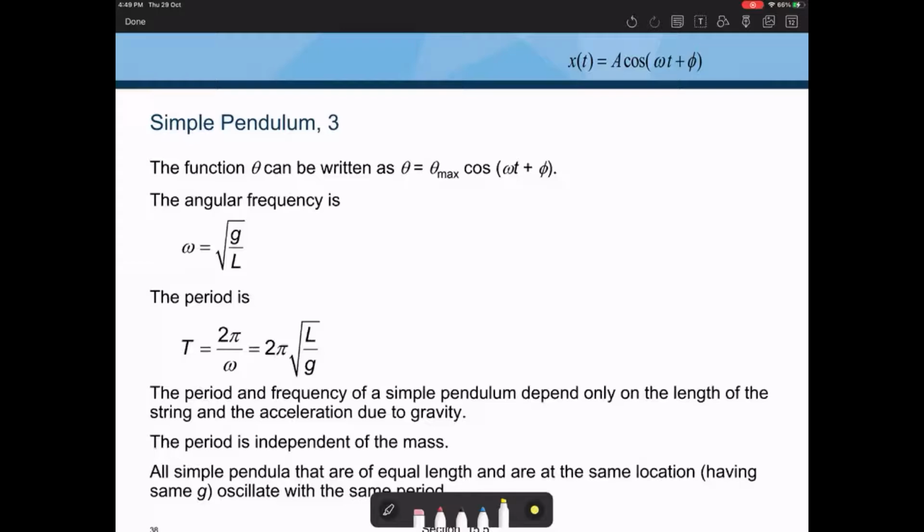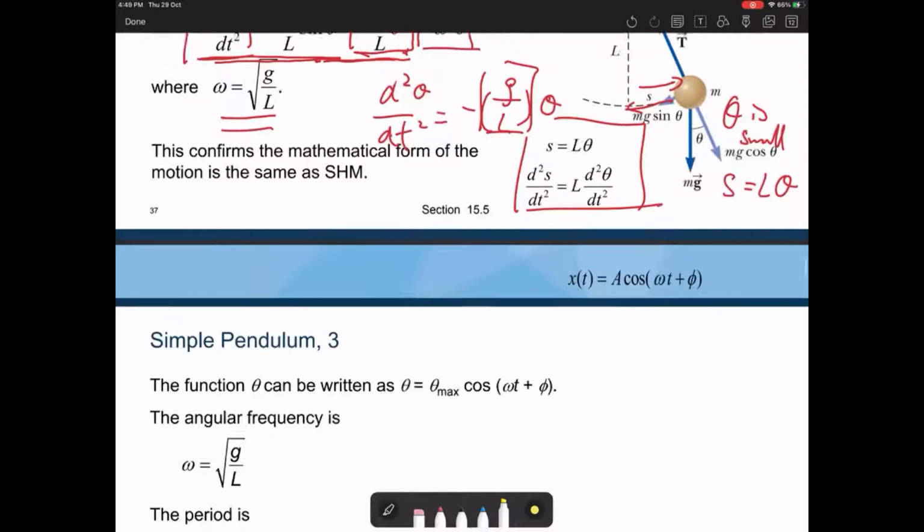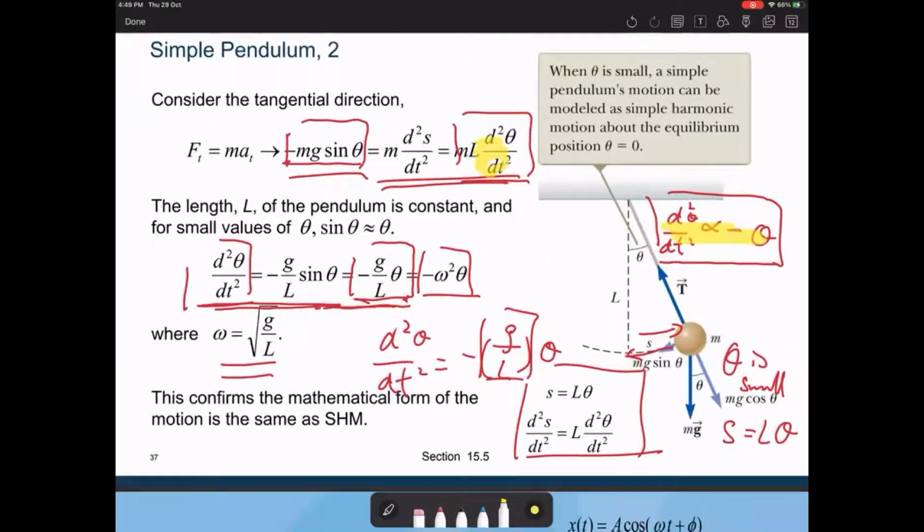And it does not depend on how much you displace the particle at the beginning. Now, that is with a very big assumption, that theta is small. As long as theta is small, typically smaller than 10 degrees could be considered as small, then the period is independent of the amplitude of the oscillation.